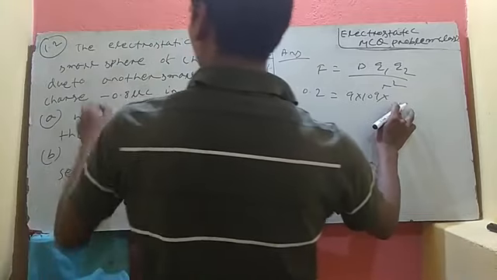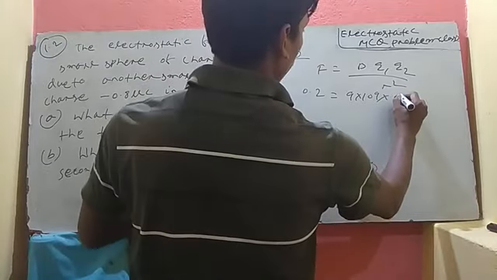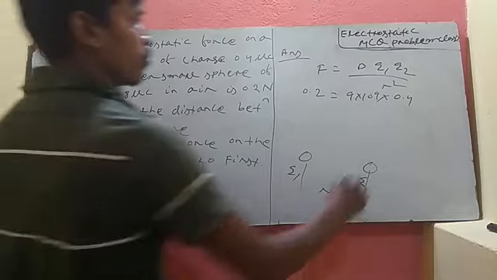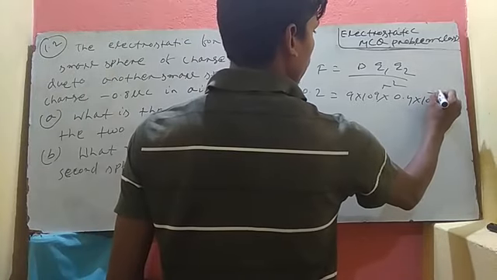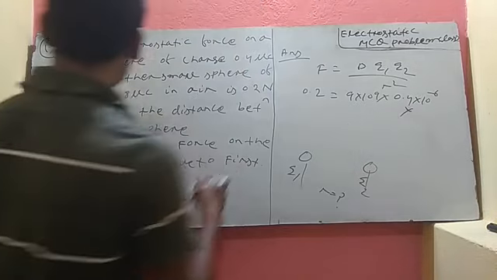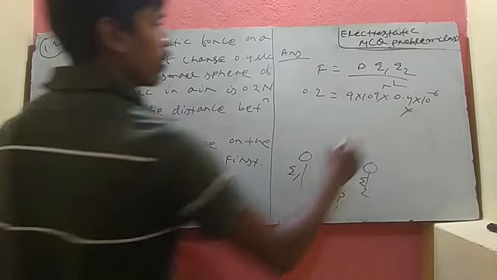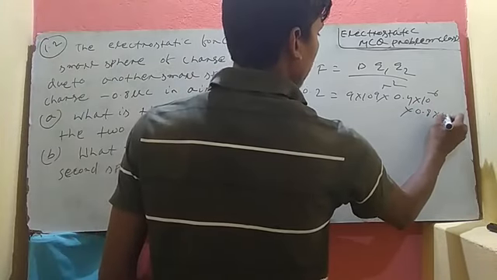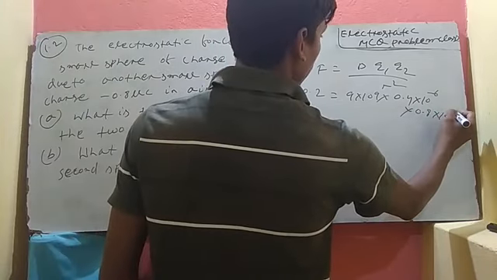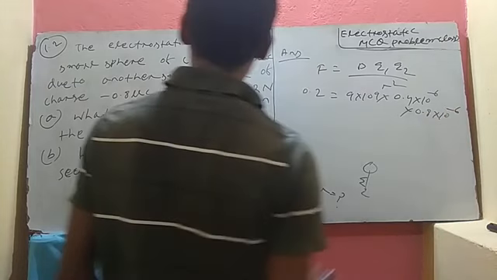So Q1 is what? The charge Q1 is 0.4 into 10 to the minus 6, into Q2, the charge of the other sphere, 0.8, magnitude of charge, 0.8 into 10 to the minus 6.